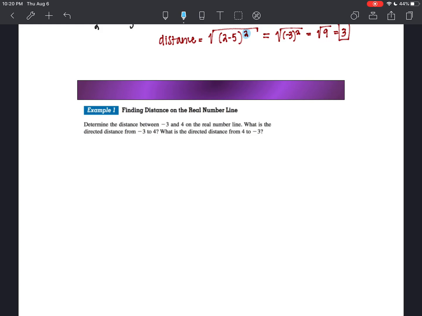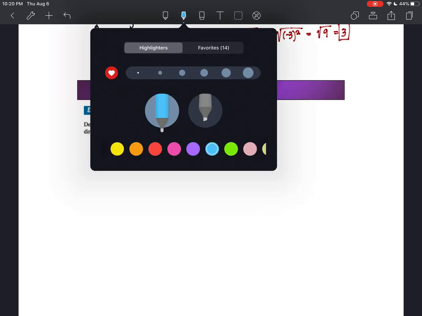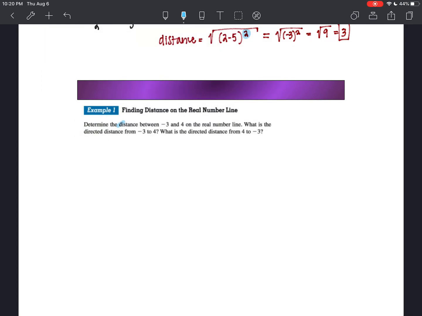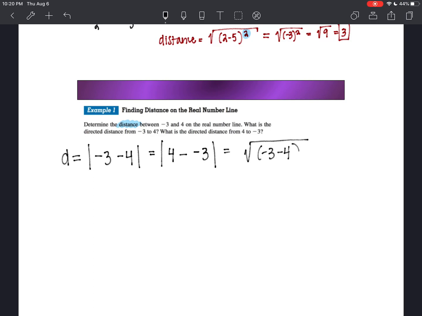So we've got the distance between -3 and 4 on the number line. Now it just says distance. So distance is always positive. So the distance between -3 and 4 is equal to the absolute value of -3 minus 4, or we could say the absolute value of 4 minus -3, or we could say the square root of -3 minus 4 quantity squared.